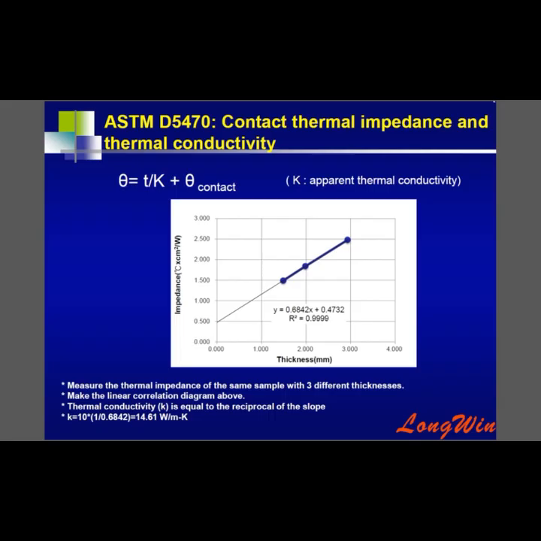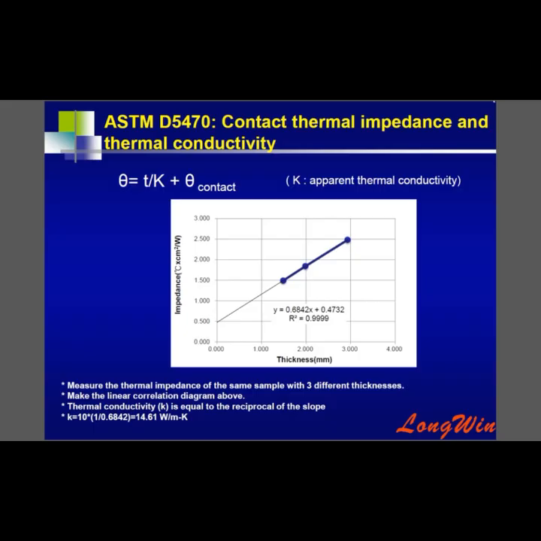The main purpose of this TIM tester is to measure thermal impedance. So we can also get the thermal impedance and calculate the thermal conductivity. Originally, in the previous description, we acquire thermal conductivity and contact resistance from 3 different thicknesses.